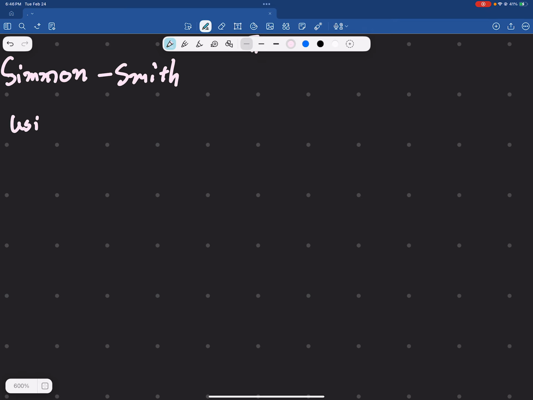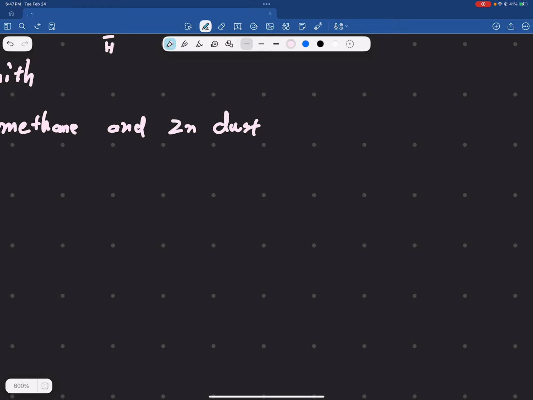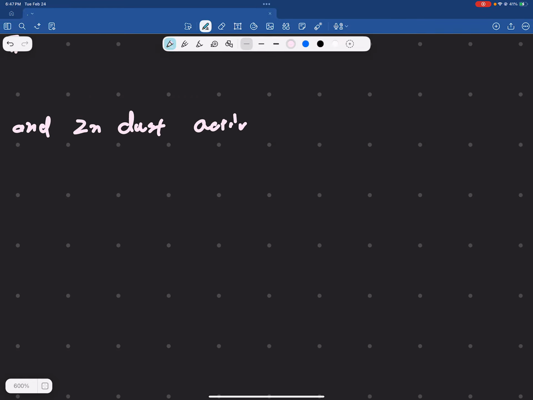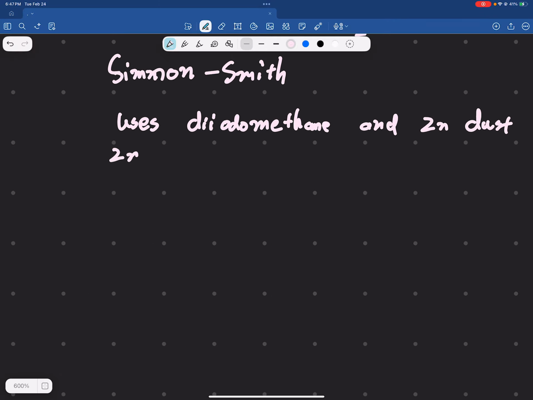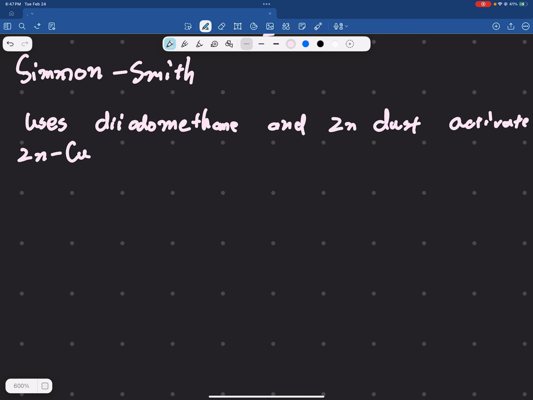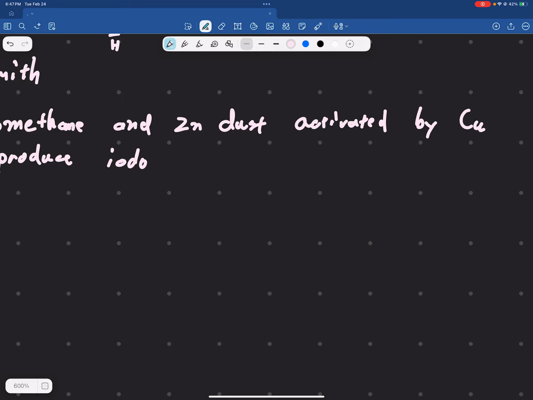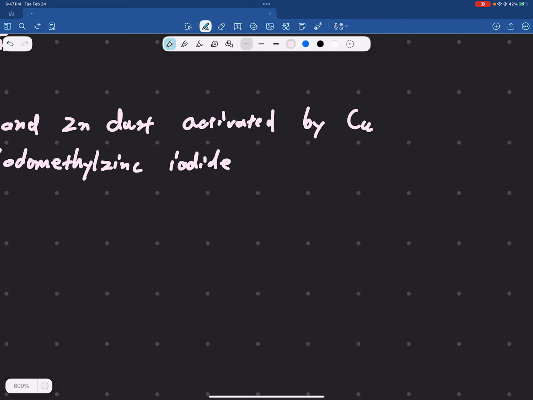This uses diiodomethane and zinc dust, activated by a small amount of copper, the zinc and copper couple, to produce iodomethylzinc iodide, in a reaction similar to a Grignard reaction.